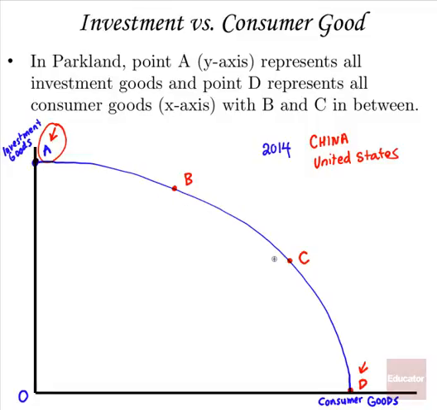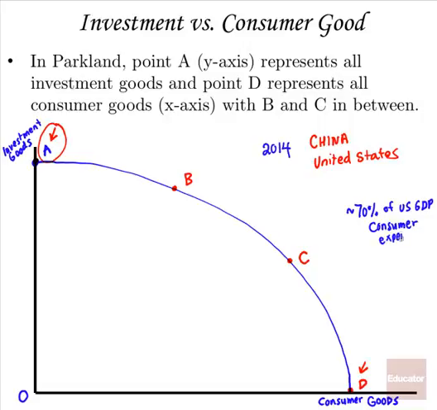Now, you'd have to look at, okay, which country spends more on consumer versus which country spends more on investment goods. And if you look at that, the United States imports a whole lot of product from China, and it's really a consumer-driven economy. Again, roughly 70% of U.S. GDP is consumer expenditures.